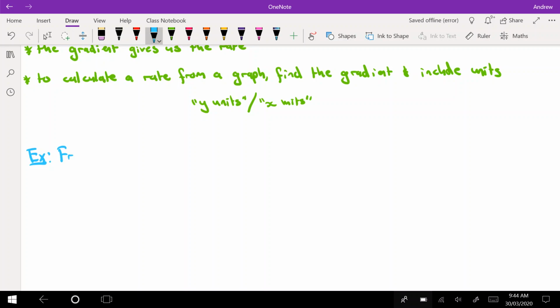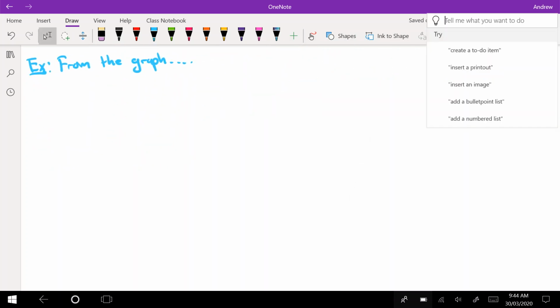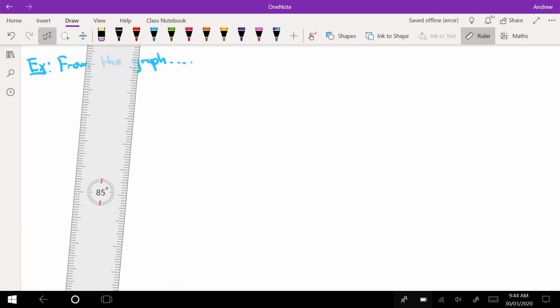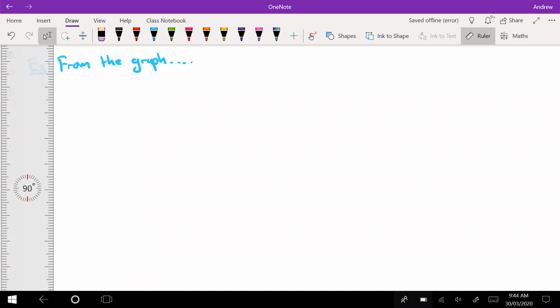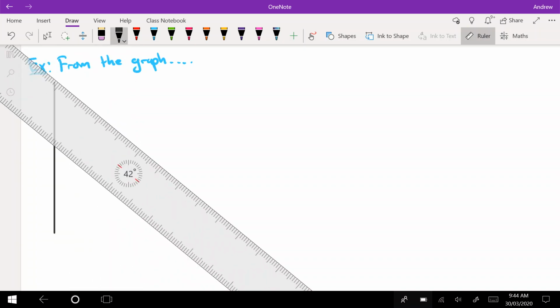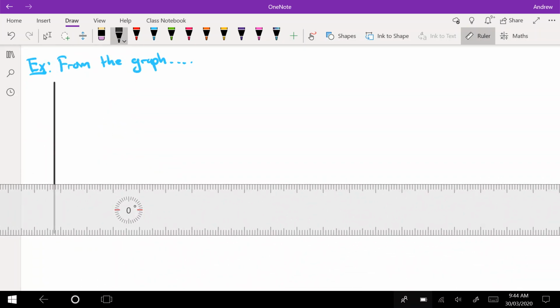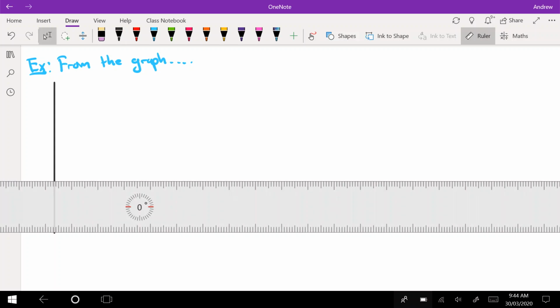So from the graph below, now just bear with me while I draw a set of axes in here. So we want to have that, and then we want to have this.